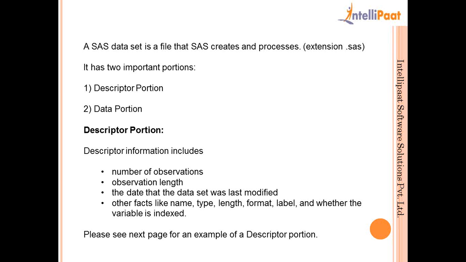The descriptor portion is nothing but the information about the data set: the number of observations, the length, or the date that the SAS dataset was modified, and other facts like name, type, length, format, label. We'll be talking about these in detail, what type, length, format and labels are, and whether the variable is indexed or not, right?